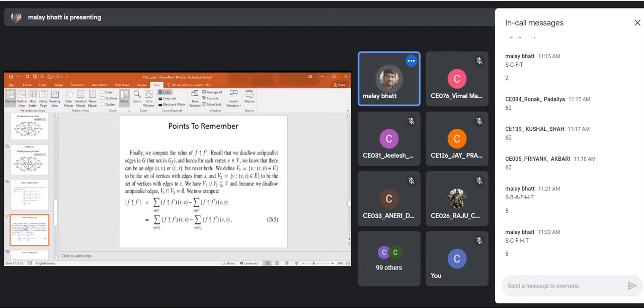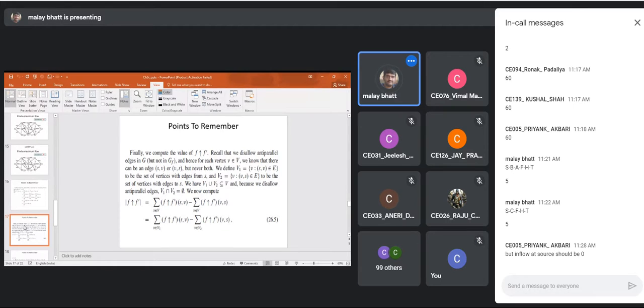So we can write V1 instead of V: sigma over V belonging to V1 of f augmentation f'(S, V), minus sigma over V belonging to V2 of f augmentation f'(V, S), because in (V, S), only the nodes of V2 are there. Now we'll further explore this.